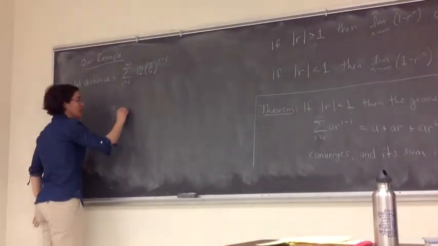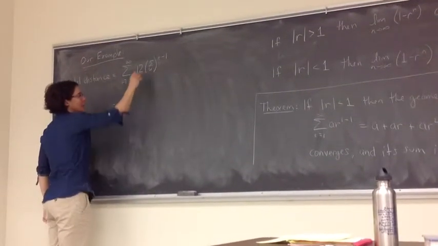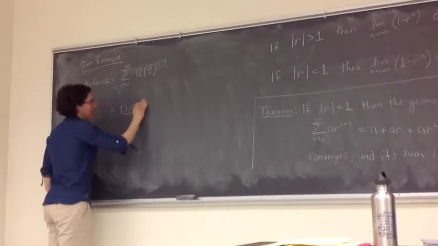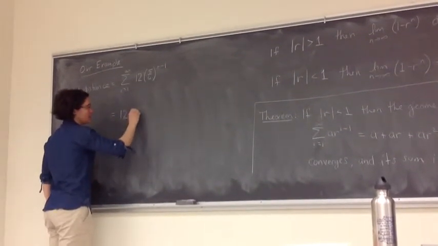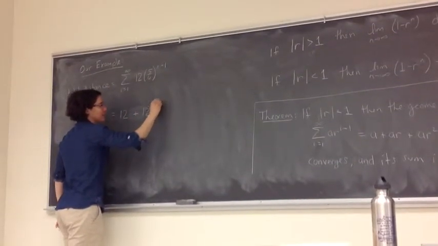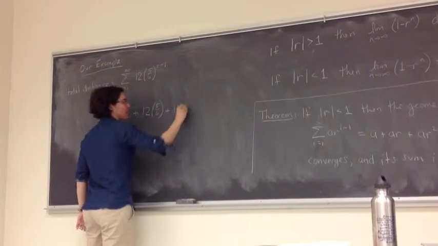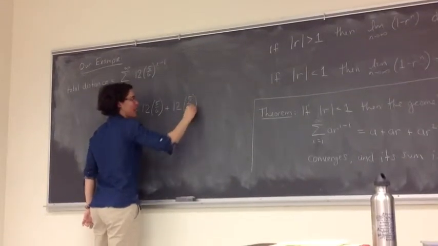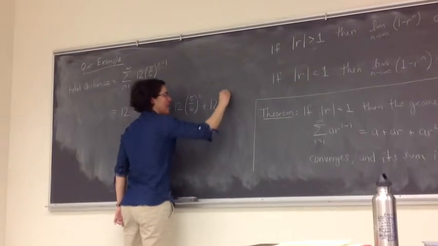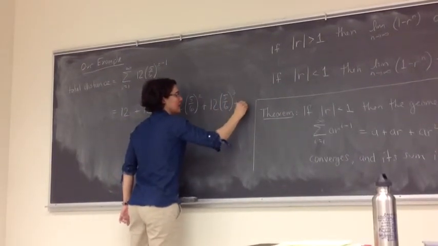The terms I would write out: I'd have 12 times 5/6 to the 0, which I'm not even going to write because it's just 1, plus 12 times 5/6, plus 12 times 5/6 squared, plus 12 times 5/6 to the third, plus dot, dot, dot.